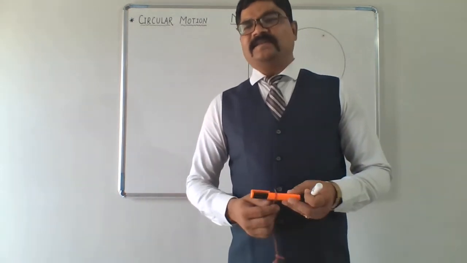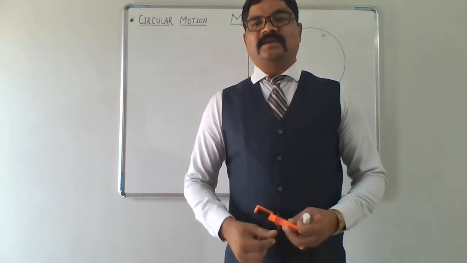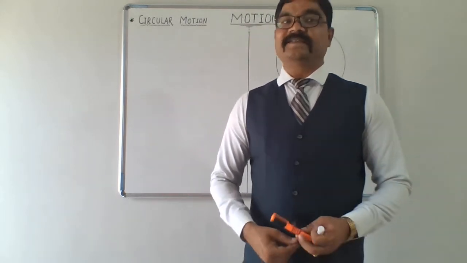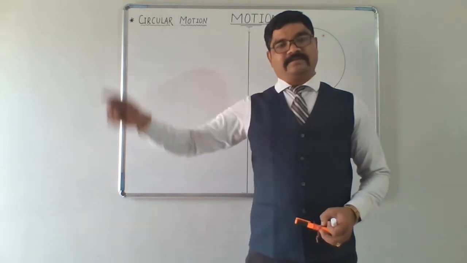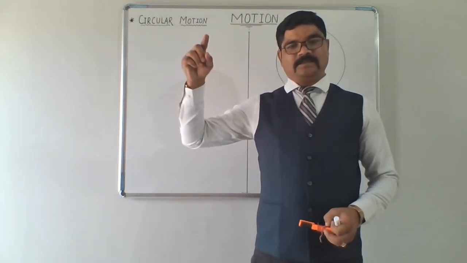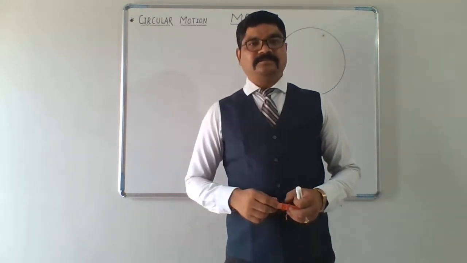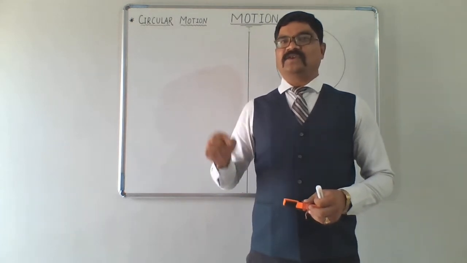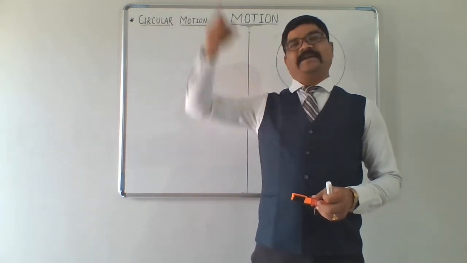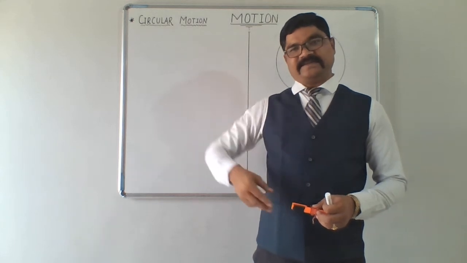There are different situations where we come across the motion of the object not being linear but circular. Like our fan, when the fan is switched on or switched off, it rotates about its axis, the central axis.